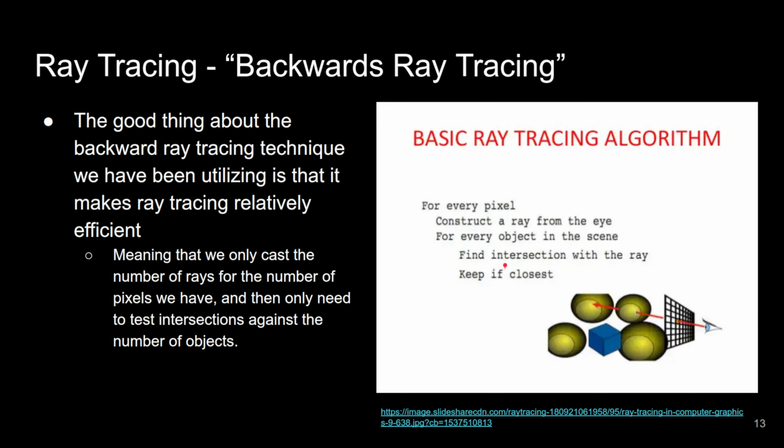So it's like some sort of squared algorithm, maybe a cubed algorithm with every object. So it is computationally expensive, but for the basic ray tracing algorithm, it's feasible, and in some cases we're able to do it in real time. That's what the new hardware today is trying to support, this type of backwards ray tracing model. And we've talked about ways that we can make this more efficient with bounding volumes and so on.